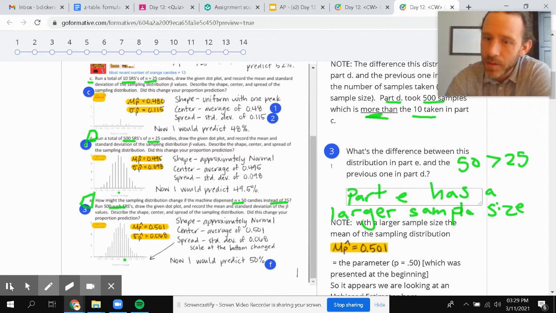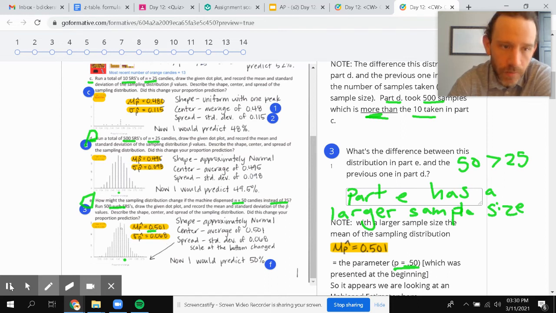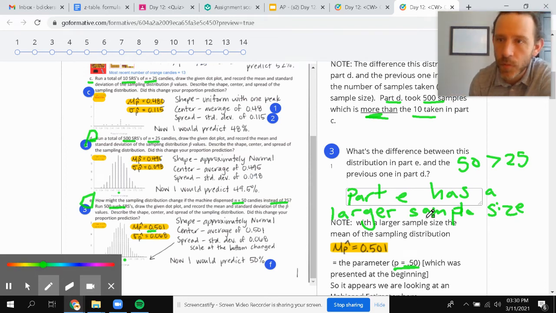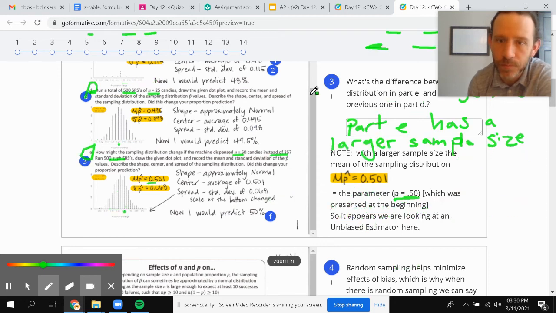And what ended up happening with that? Well, if we note that now I have a parameter of 0.50, right? That's what we started with. That's p of 0.50. And our sampling distribution is centered now at 0.50 as well. So it lines up. We have an unbiased estimator. That's what that says. Okay?